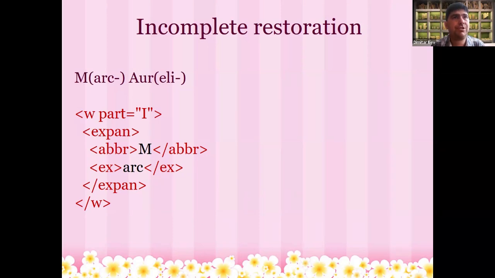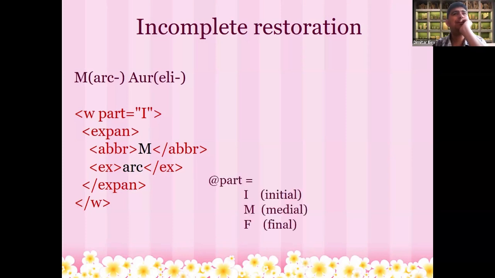How do you do this? You use the attribute part, which stands for exactly this. It stands for part. And it indicates that this is the initial part of the word, mark, of which the arc part is what we expand as an abbreviation. But this is only the initial part of the word. You can have the medial part of the word expanded or restored, or you can have the final part of the word expanded and restored.